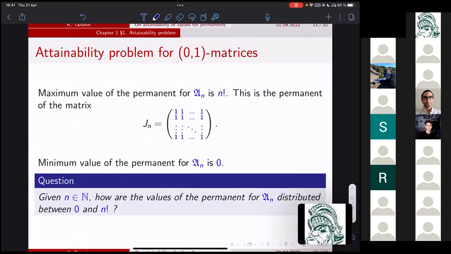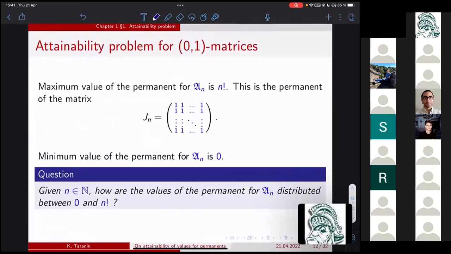Constantine: So, sorry, does knowing that the matrix is a 0,1 matrix help in computing the permanent, or is it the same as for an arbitrary matrix? No, it doesn't.